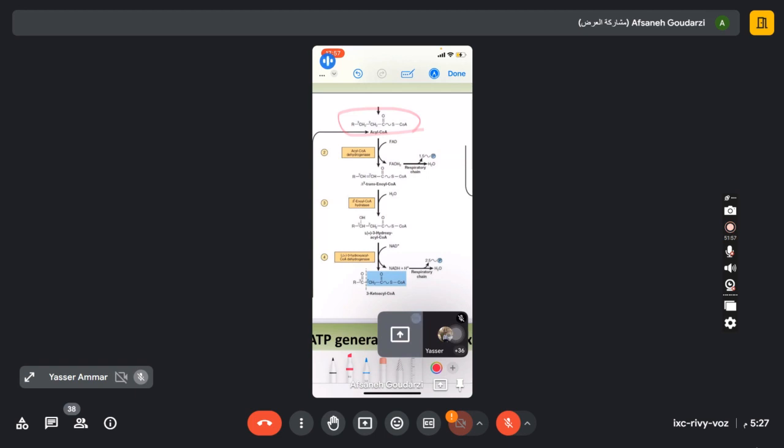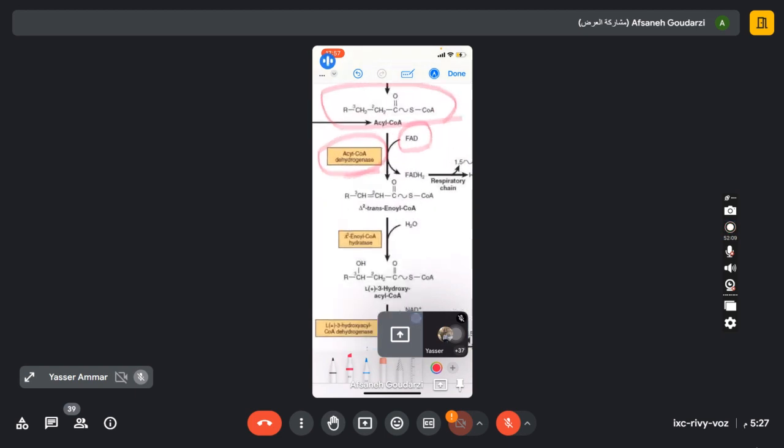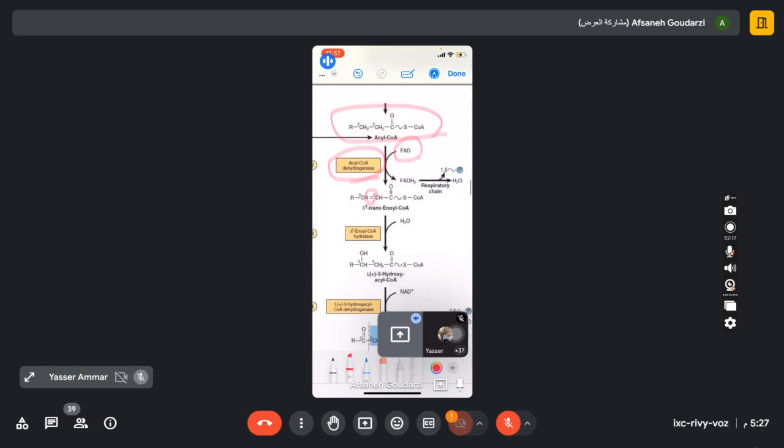So in the first reaction, the enzyme known as acyl-CoA dehydrogenase, by using FAD, oxidizes acyl-CoA to this guy. You see, between carbon number 2 and number 3, we will have a double bond upon this oxidation. So we produce delta 2 trans-enoyl-CoA.